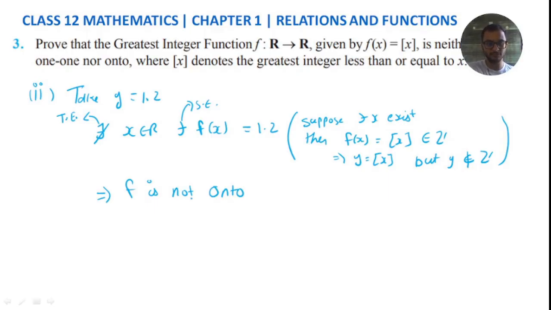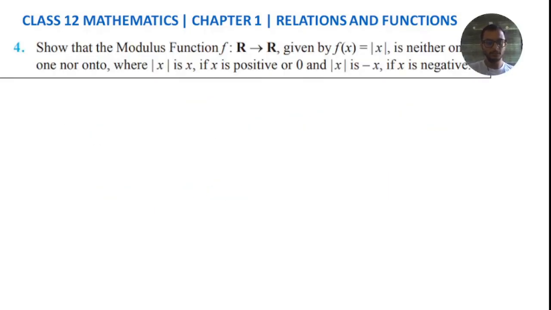So let's move to the next question. The next question is about the modulus function. You should be aware of the modulus function also. Maybe in the first exercise I told you what the modulus function is. It takes the positive image of the point.